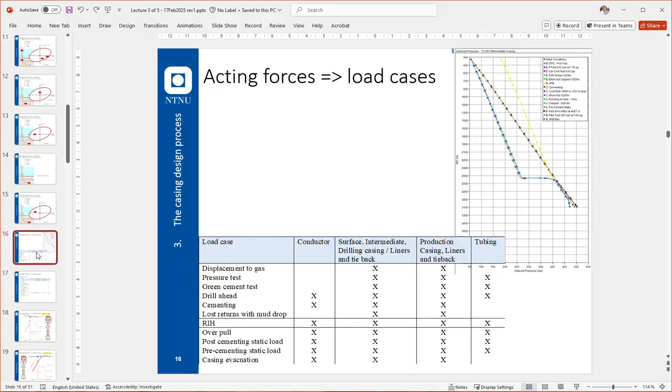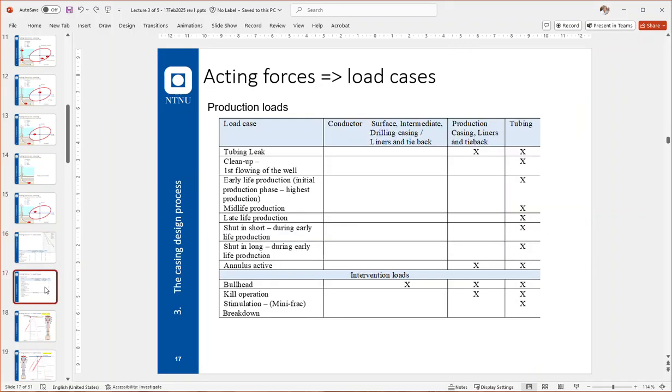It doesn't really say here directly, but we will get back to it. It's covered in displacement to gas actually, and we will discuss why, because it ties into what we call the section design pressure. Everything will become clear in a few minutes in this regard.